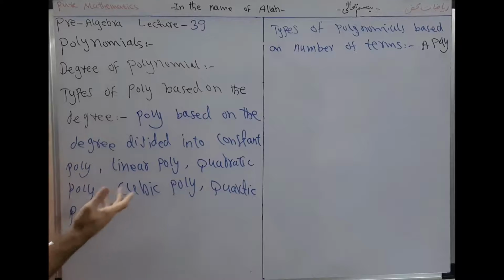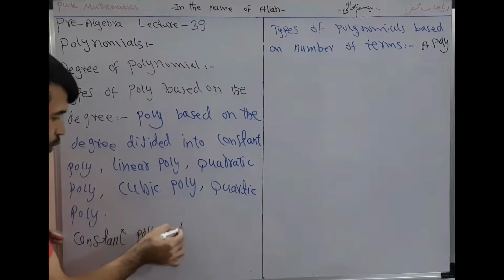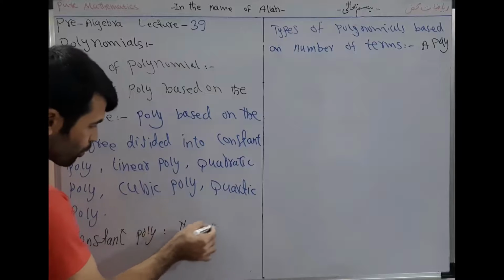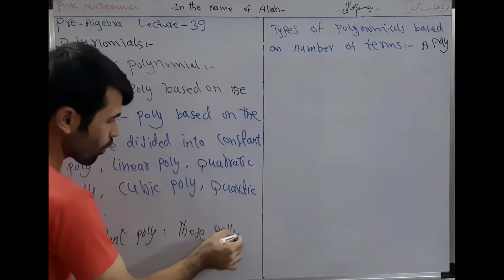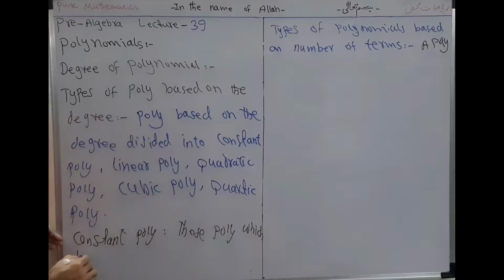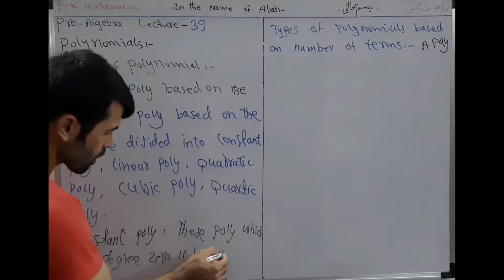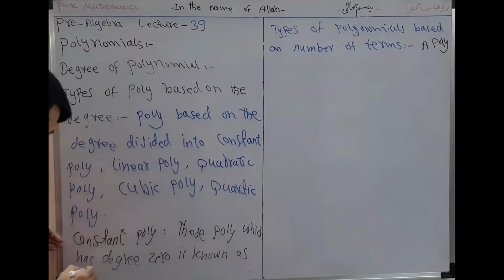Now, what is constant polynomial? Those polynomial which has degree 0 is known as constant polynomial.